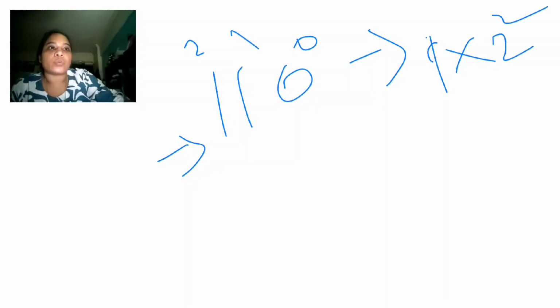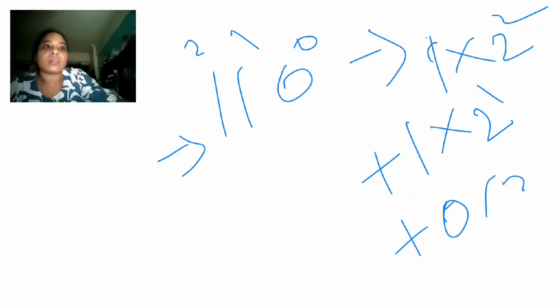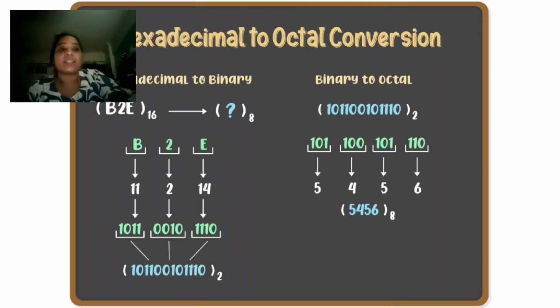So 1 into 2 power 2 plus 1 into 2 power 1 plus 0 into 2 power 0. Here you can calculate 2 power 2 is 4, here 2, here 0 into 1 is 0. So that value is 6. So the decimal value of 110 is 6. Let's check here. Yes, right. Okay, so we applied the right methodology here.